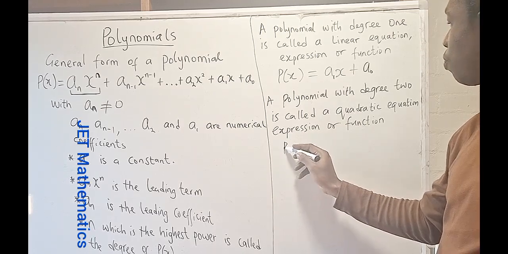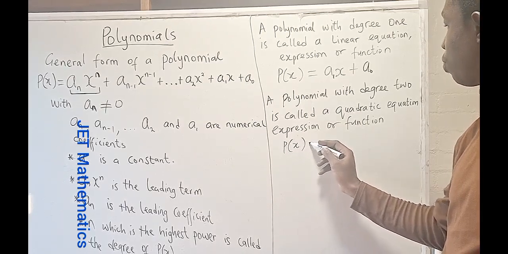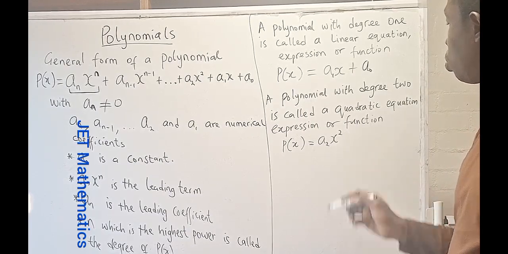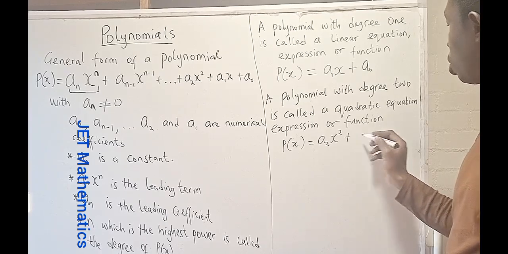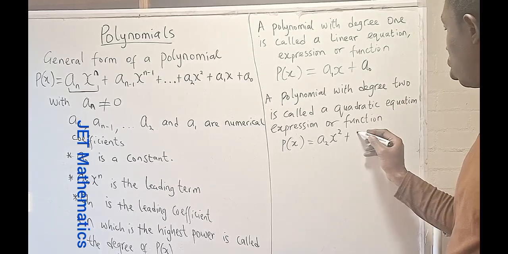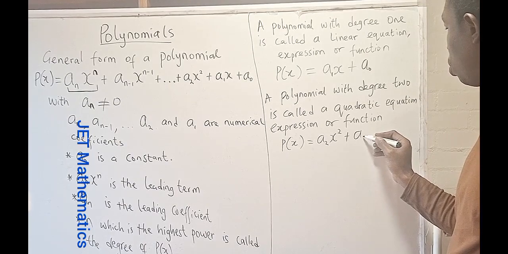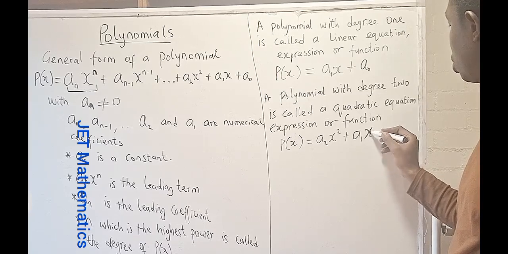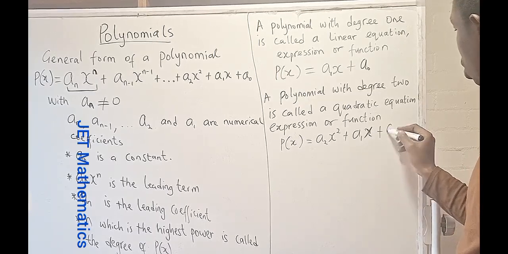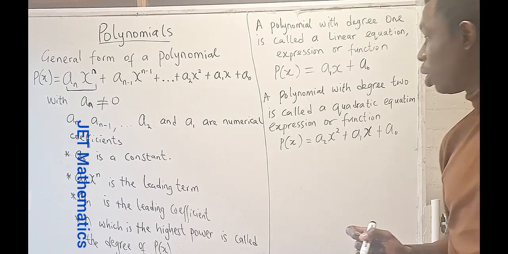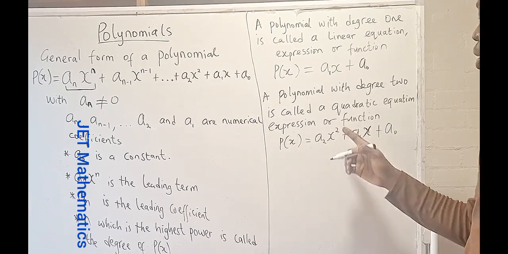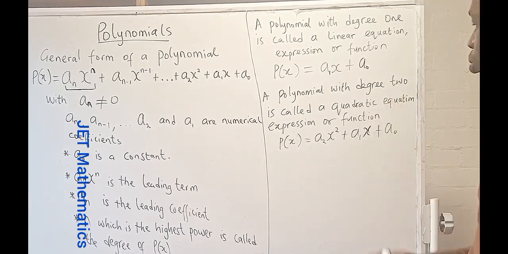So the general form is like this: p of x equals a_2 x raised to the power of 2 plus a_1 x plus a_0. Again, you see that the highest power is 2, so that gives us the degree as 2.